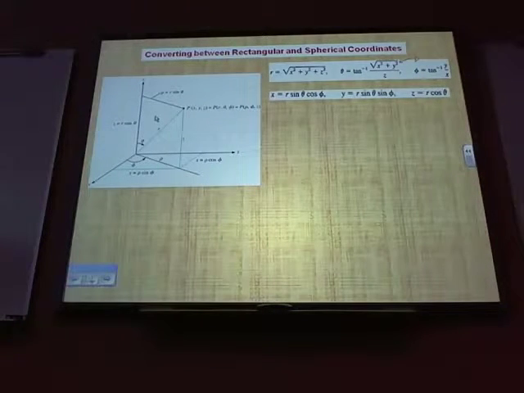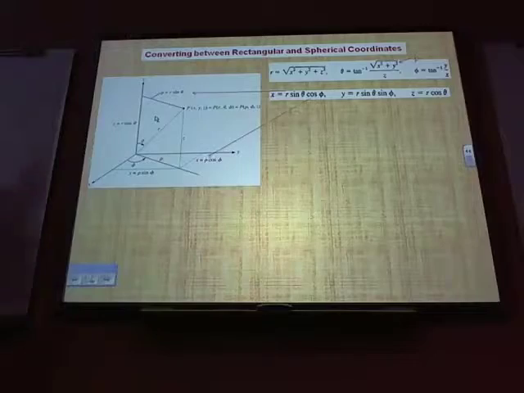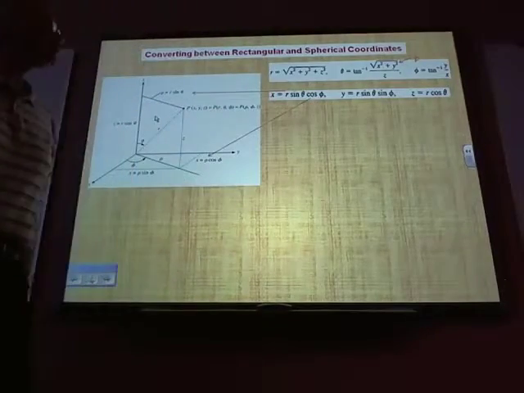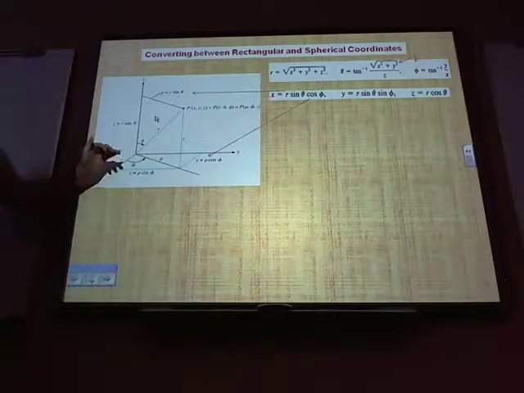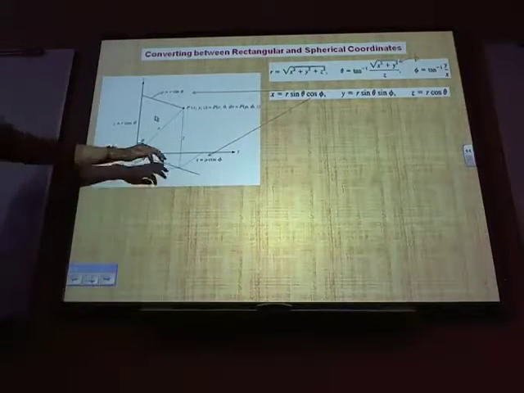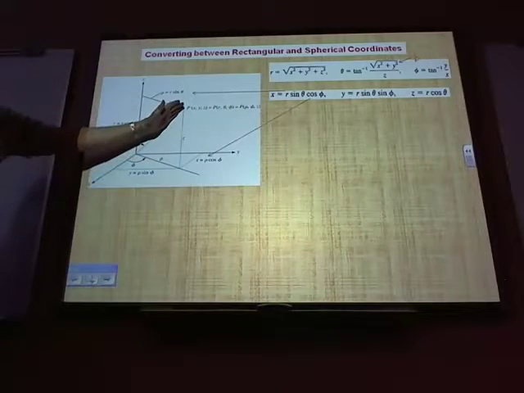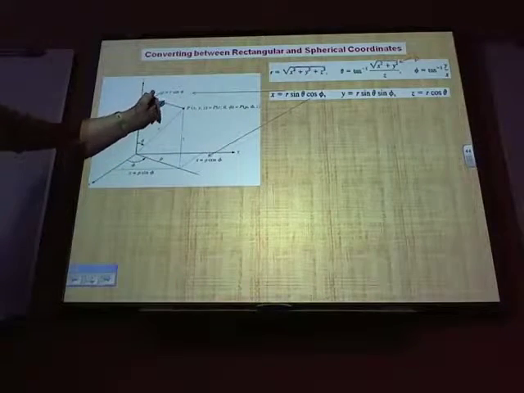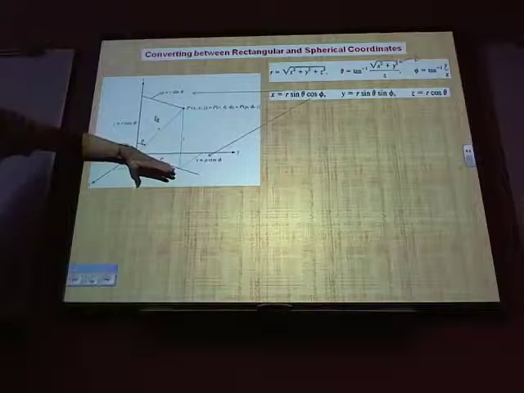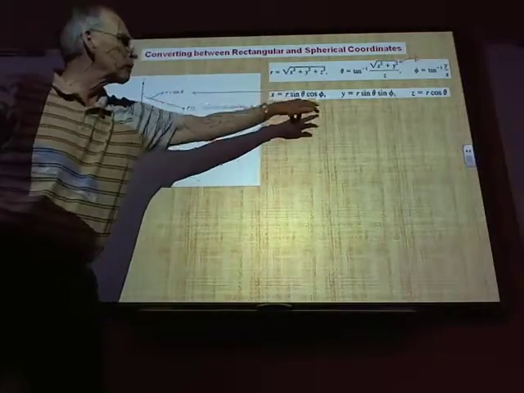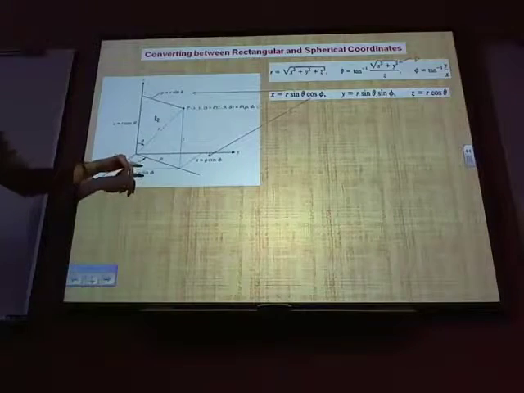Okay. Here's x. x is r sine theta cosine phi. All right? So here's your r sine theta right here. Here's your r going up here. You're going to take that, reflect it all the way down here, and then you're going to take the cosine of the angle phi to get your x component.